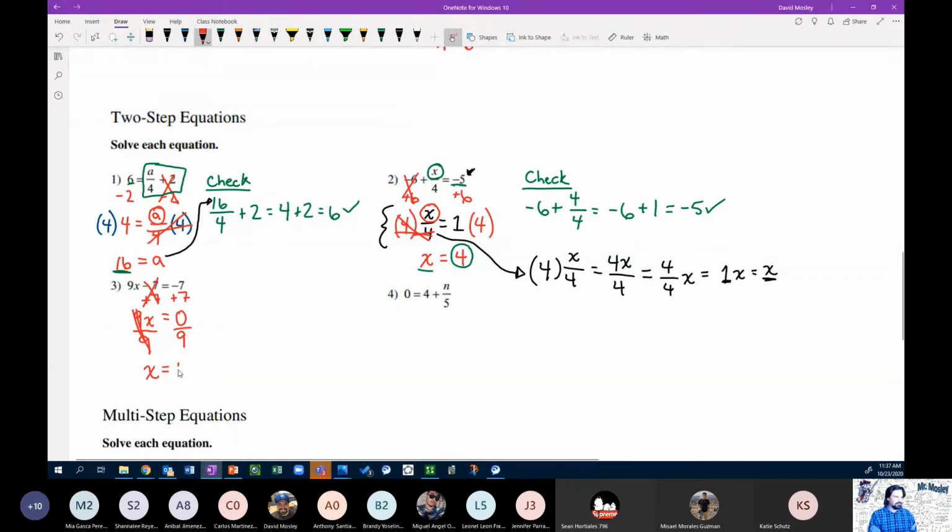Zero divided by 9 is still 0. And then you check. So everywhere there's an x, I replace with 0. 9 times 0 minus 7. 9 times 0 is 0 minus 7.